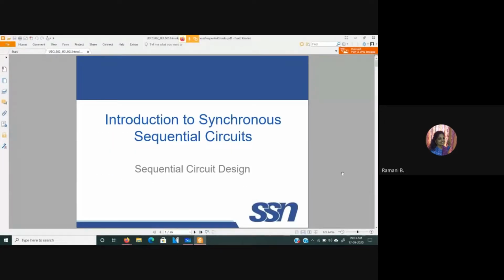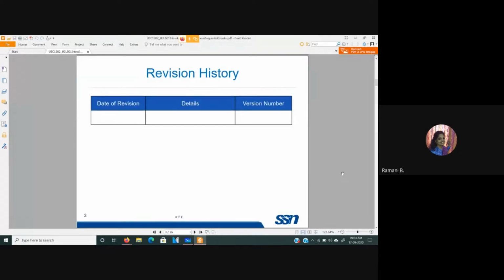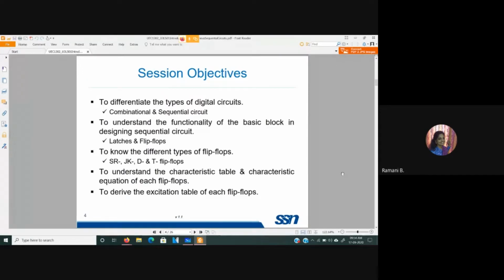sequential circuit design. So let us see what are the basics with respect to the sequential circuit design. In this, you will be seeing the different types of digital circuits. I have already informed you about the types, the combinational and sequential circuit. We will see furthermore in detail with respect to the sequential circuit.